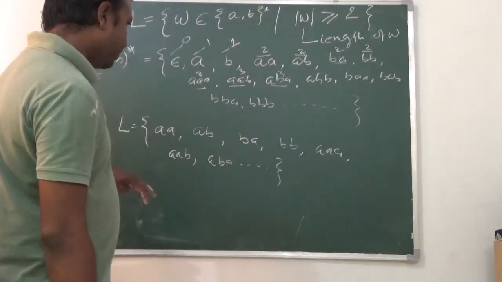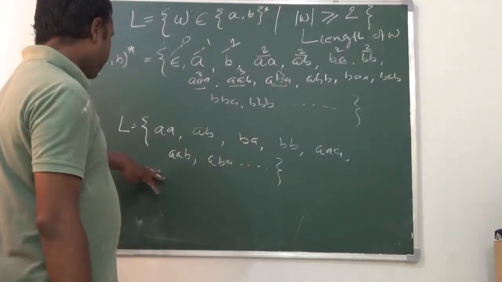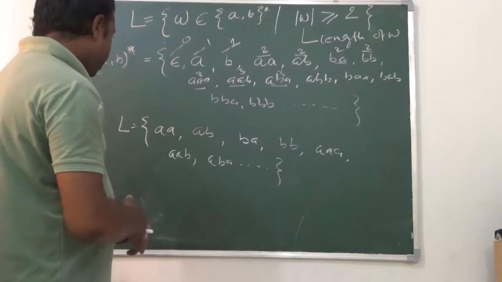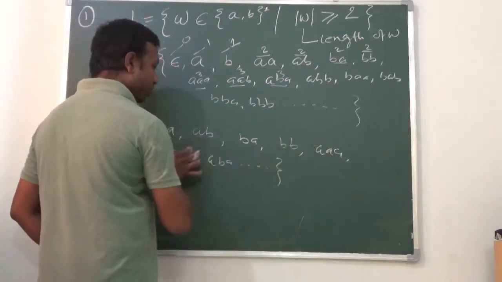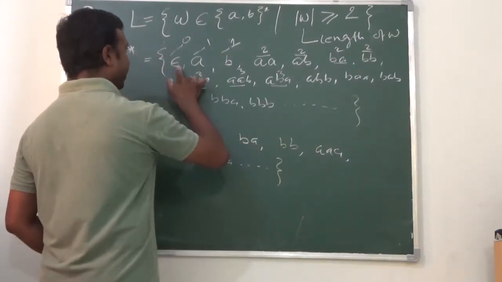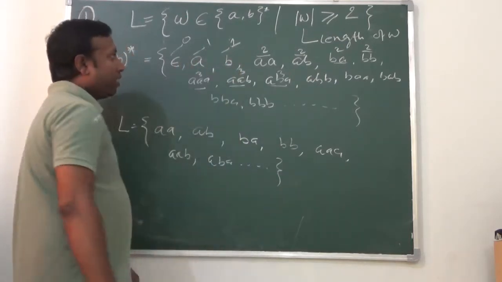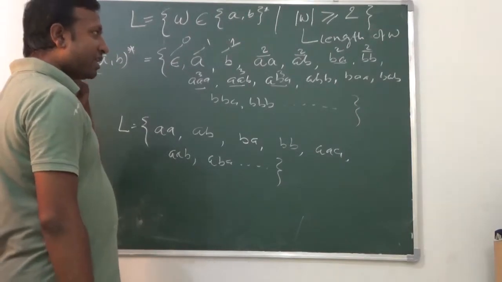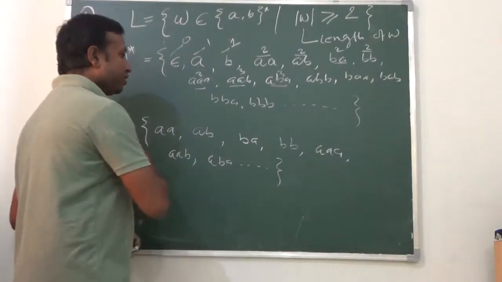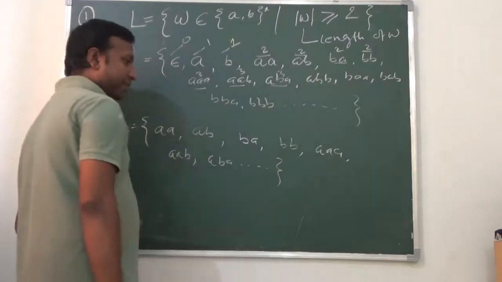So if we try to design the model for this particular language, it should accept all these things. But if I am getting only A or epsilon or B, then this should be rejected. Rest of the things should be accepted.